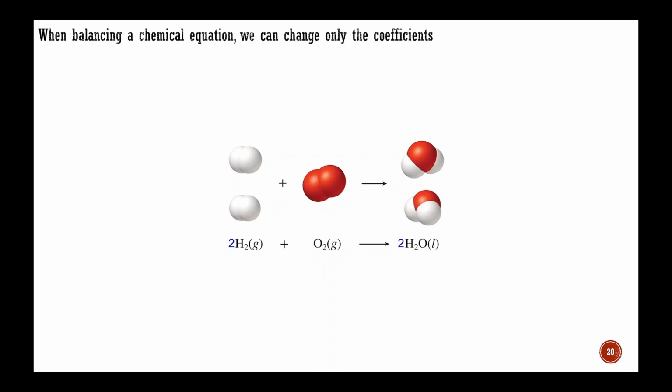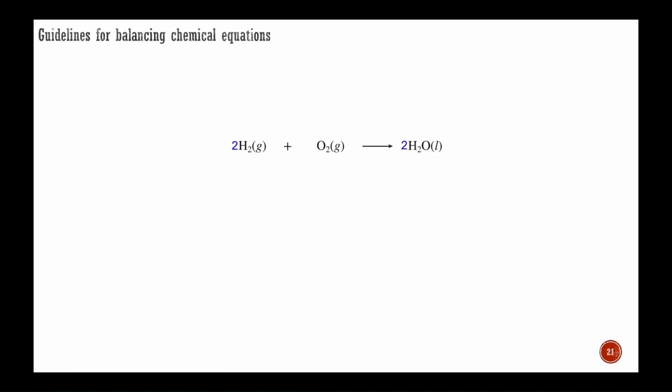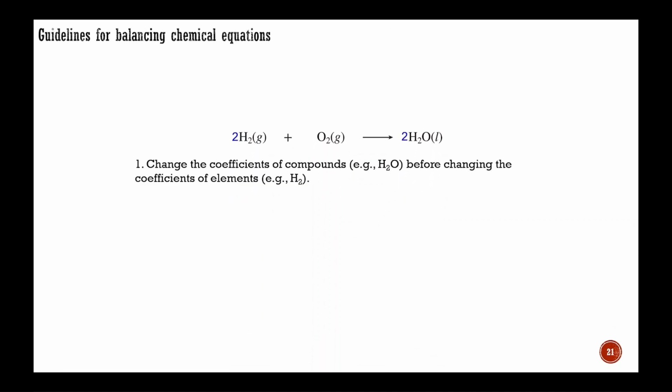Balancing a chemical equation often involves a trial and error approach. You may find yourself changing the coefficient for a particular reactant or product, only to adjust it again later in the process. To make the balancing process easier, consider the following guidelines. First, adjust the coefficients of compounds before modifying those of individual elements.